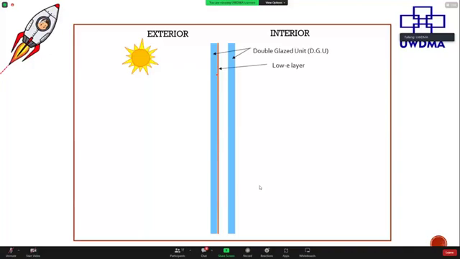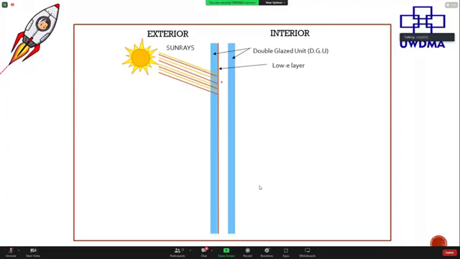Then on the outer glass's inner side, we have a low E layer, that is the low emissivity layer. And how does this layer work? As you can see, sun rays are falling.